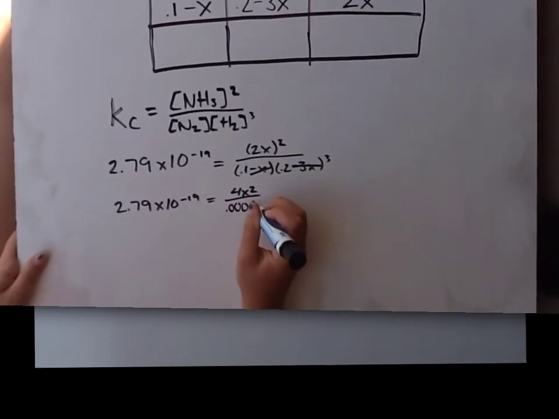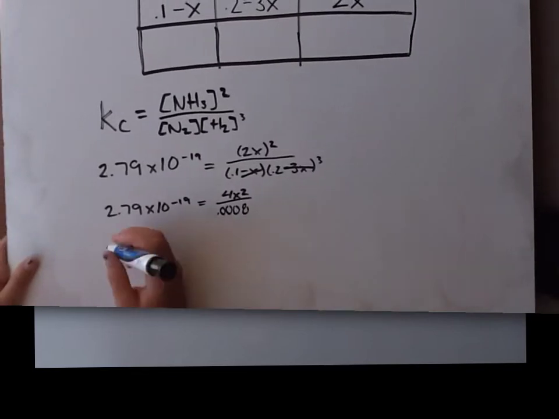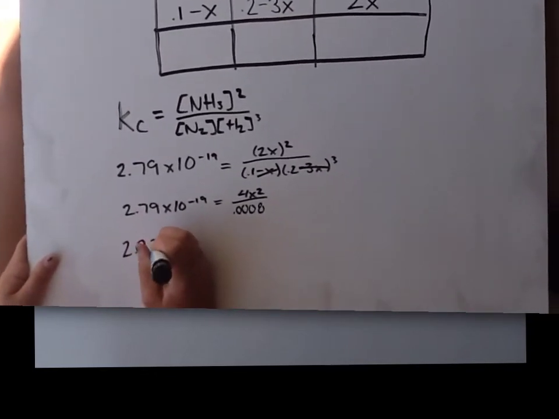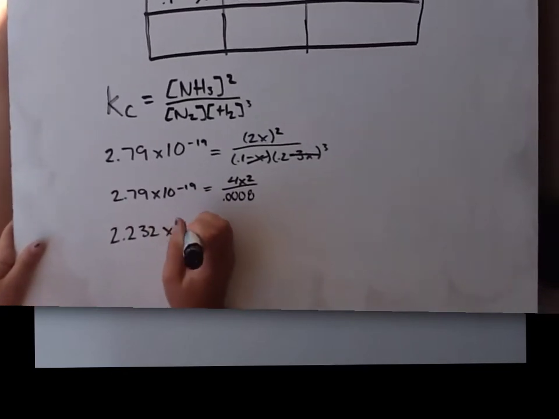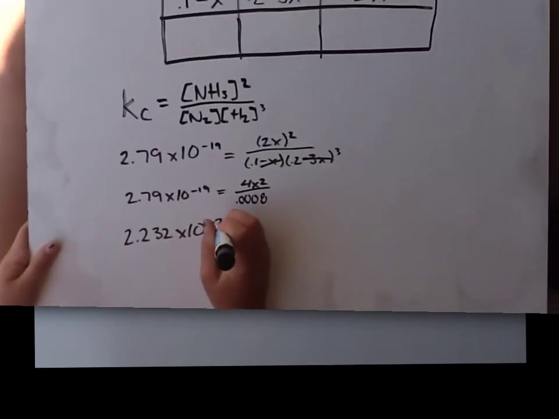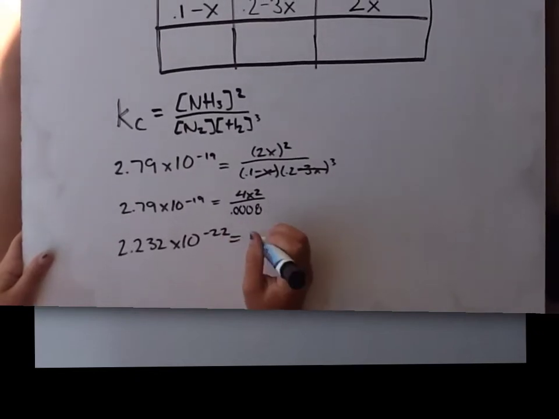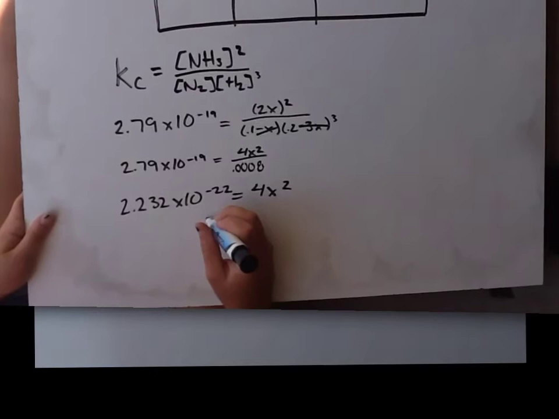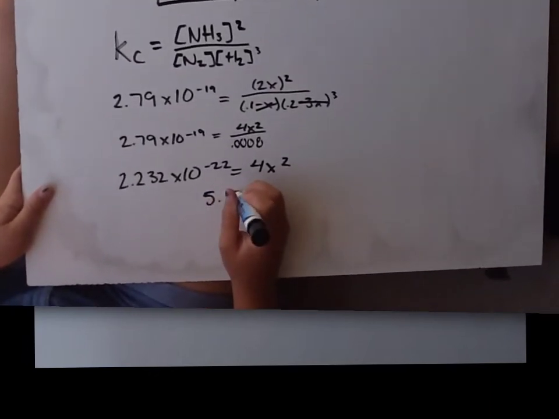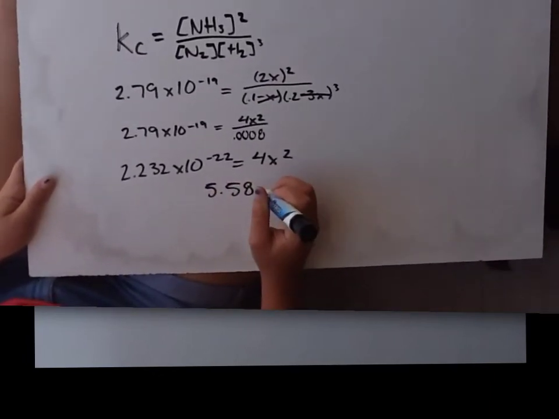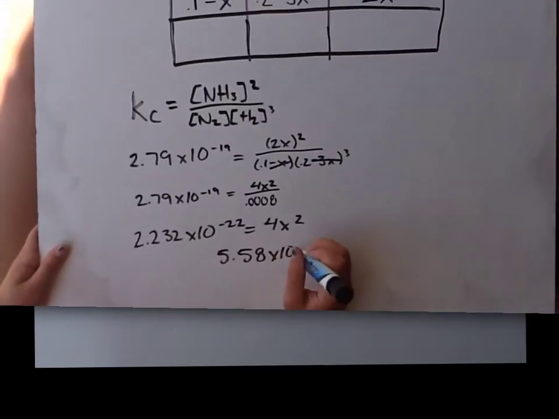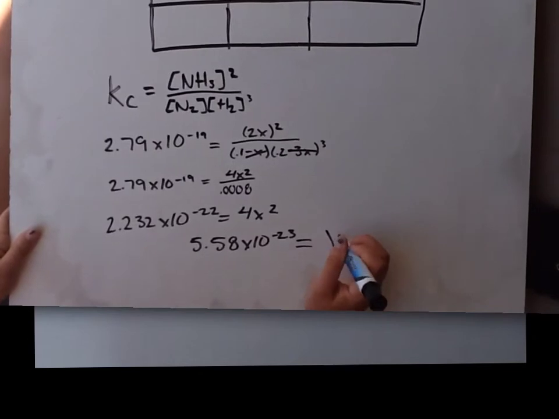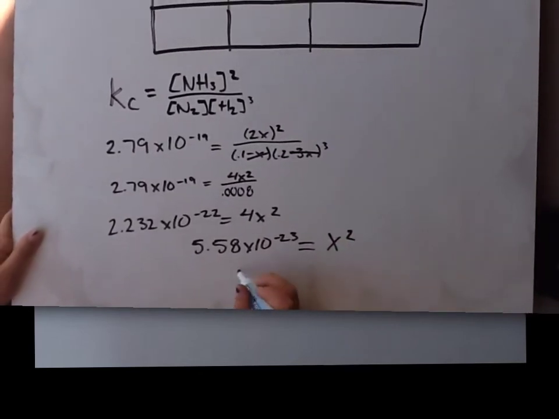So then after multiplying and dividing, we got this, and the answer comes out to 2.232 times 10 to the -22nd equals 4x squared. And then simplifying it even more, when you divide the 4 across, you get 5.58 times 10 to the -23rd equals x squared.